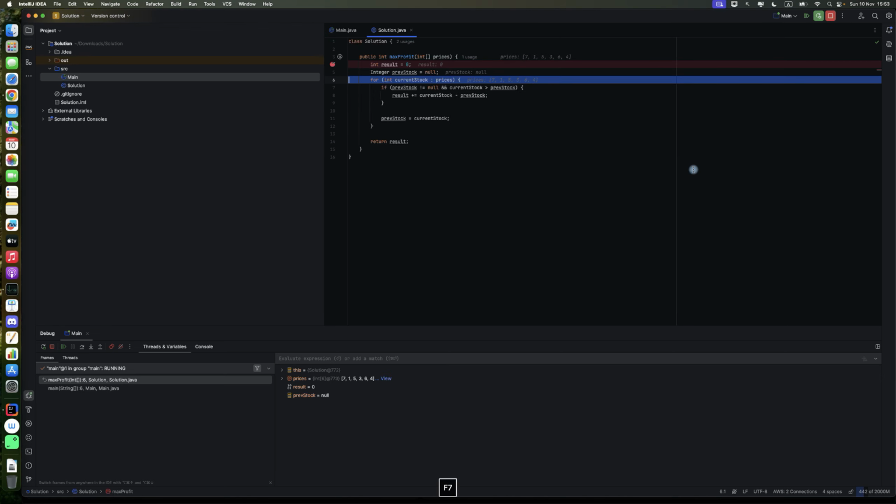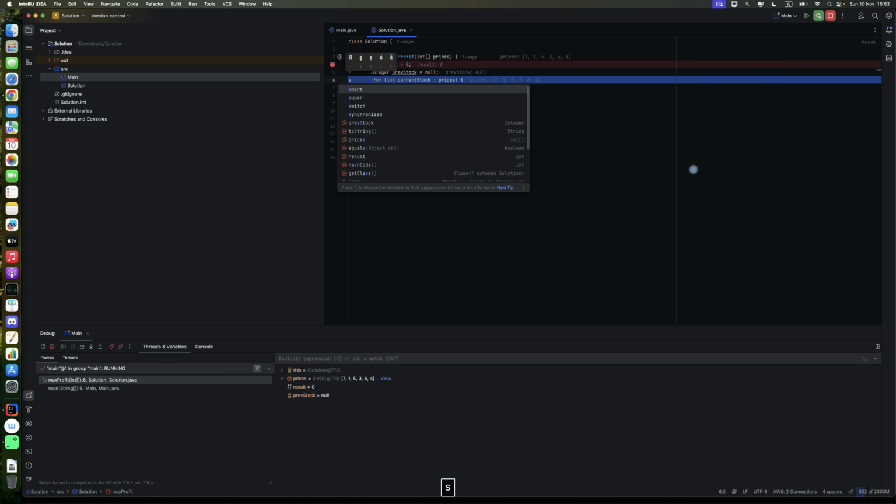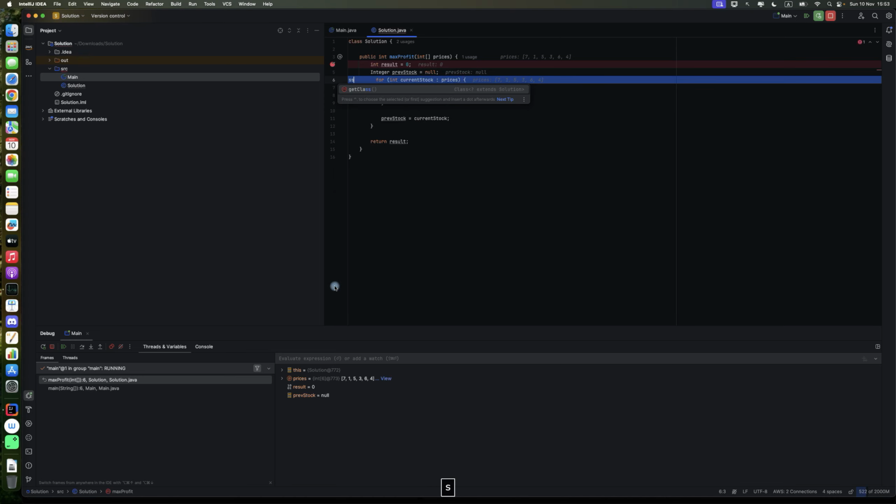So let's enter debug mode to be very clear why we have done this. I will write the input again, sorry. We have 7, 1, 5, 3, 6, 4. Those are the stocks.